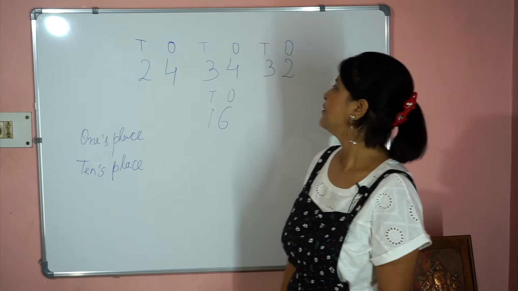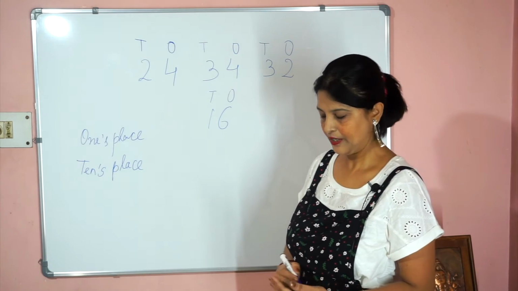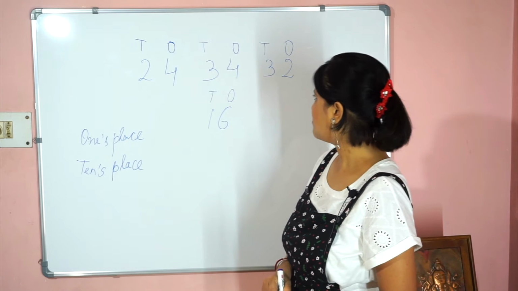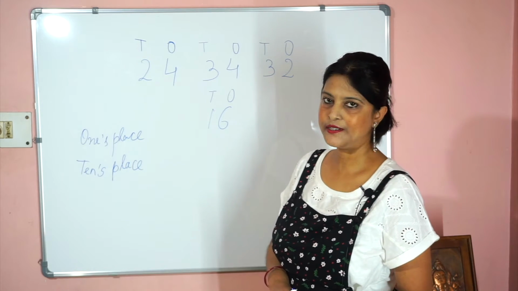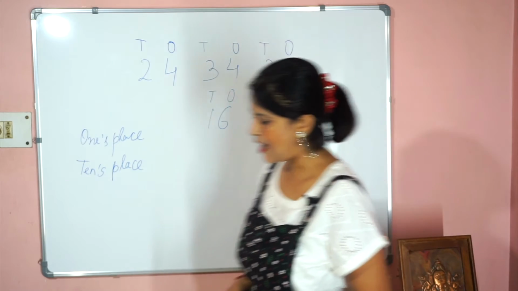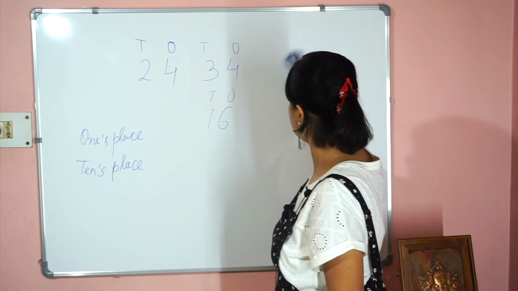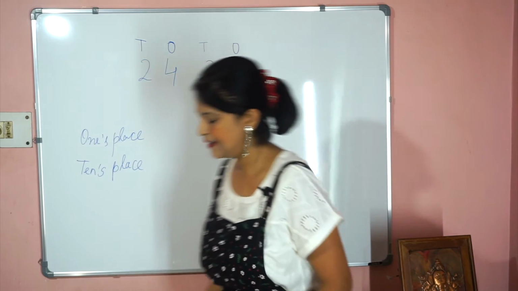Right. Now let us compare 2 digit numbers. Let us find out which of the given 2 numbers is greater. Now let me take these 2 numbers here, 24 and 34.